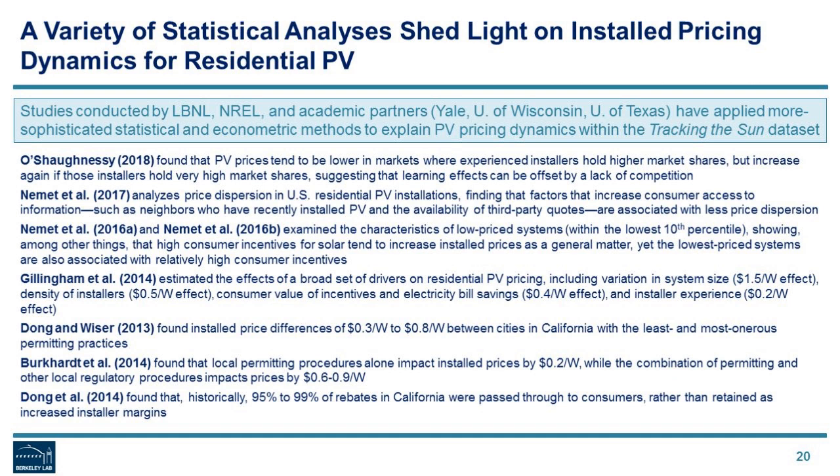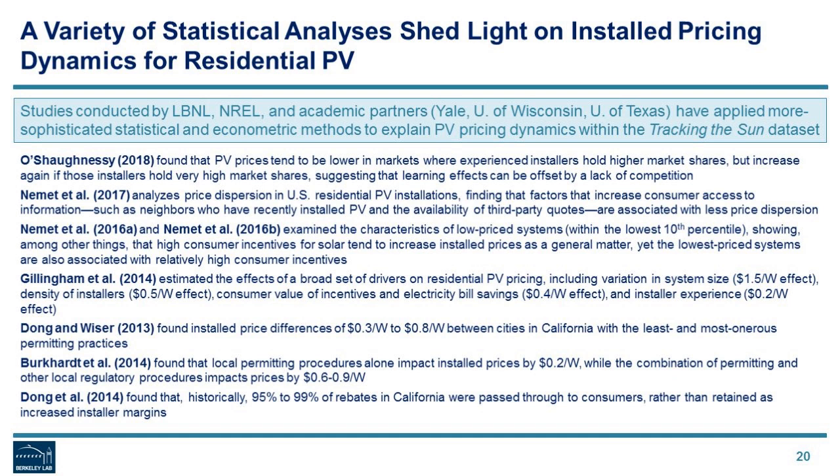In that study, we regressed system prices against the aggregate value of all incentives: bill savings from net metering, plus any rebates, plus any tax incentives. For each system, we estimated the total value of all of those incentives together and looked at how that impacts pricing. We found a 40-cent per watt effect between systems with the lowest versus systems with the highest value of incentives.